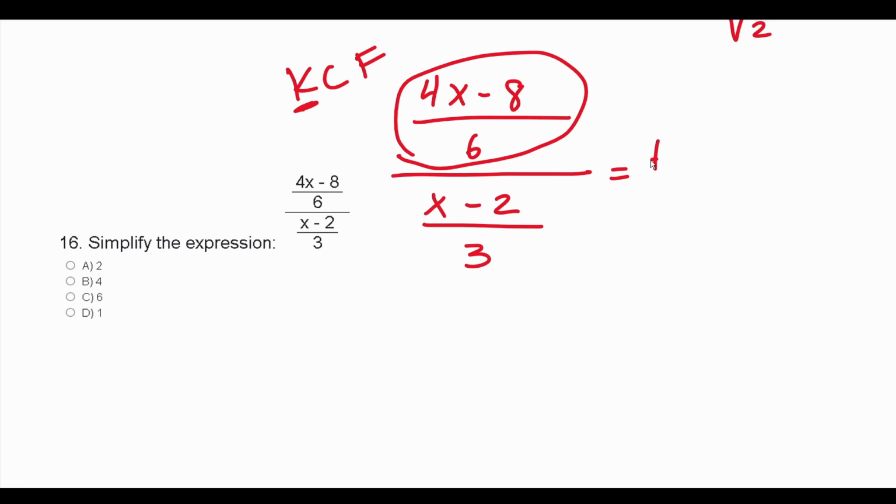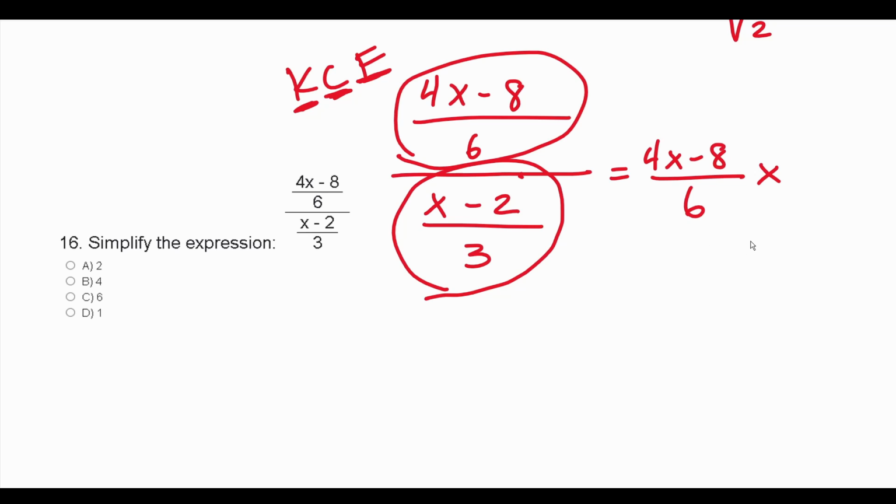So that's 4x minus 8 over 6. Change means you're going to go from division to multiplication. And this F or flip refers to this second fraction in the denominator. Instead of being x minus 2 over 3, you're going to flip it such that it's 3 over x minus 2. All right, so now that we've done that, we can work on simplifying this.